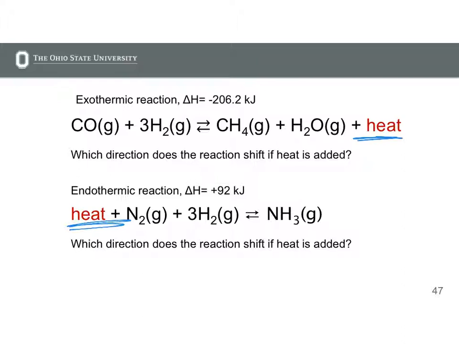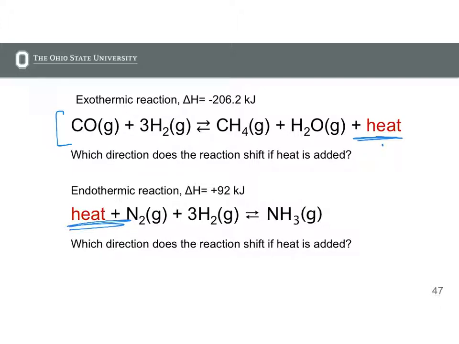So now it's really easy to think about the effect of increasing temperature on our equilibrium, because we know what happens when we add or subtract product or reactant, changing the concentration. Now this is essentially adding or removing product or reactant, adding heat. Okay, so if we add heat to this first reaction, we're essentially adding a product.